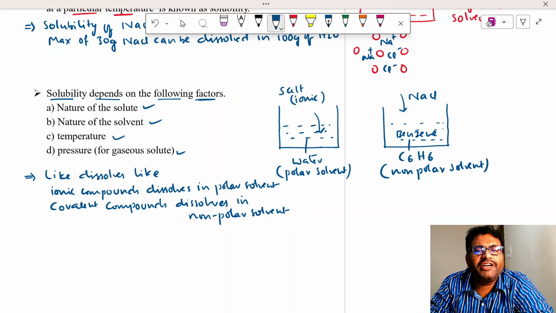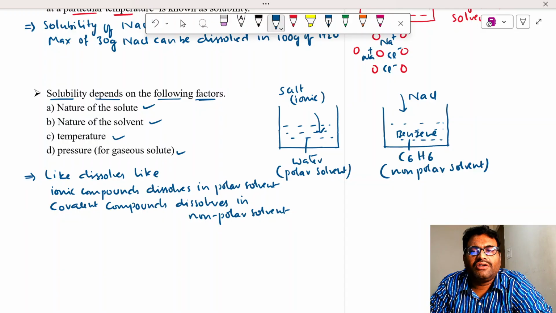So, solubility depends upon the nature of solute. Here the solute is salt, so it is dissolving. Nature of solvent also. In a particular solvent, a particular type of solute dissolves. In benzene, what did change? Solute remained same, NaCl, but solvent is changing.